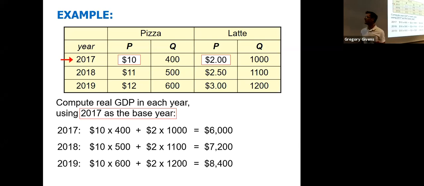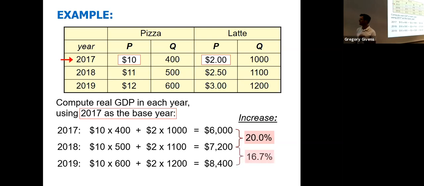Real GDP for 2019 would then be $10 per pizza times 600 pizzas, plus $2 per latte times 1,200 lattes, or $8,400. Here, GDP is still increasing. Real GDP increases by 20% between 2017 and 2018, and again, another 16.7% between 2018 and 2019.